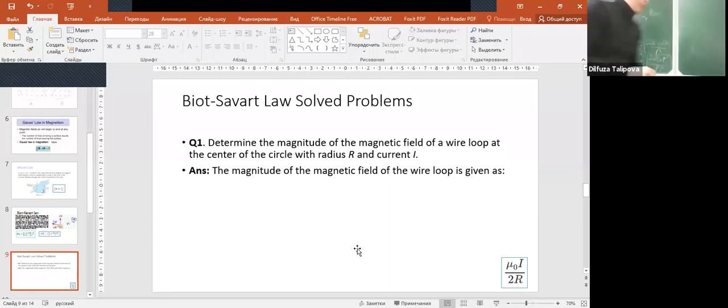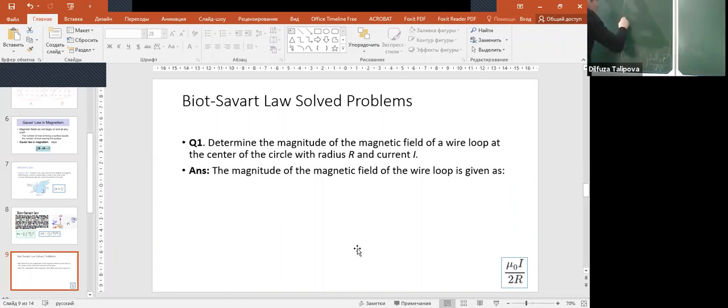Question number 1: determine the magnitude of the magnetic field of a wire loop at the center of the circle with radius r and current I. We have the wire loop.